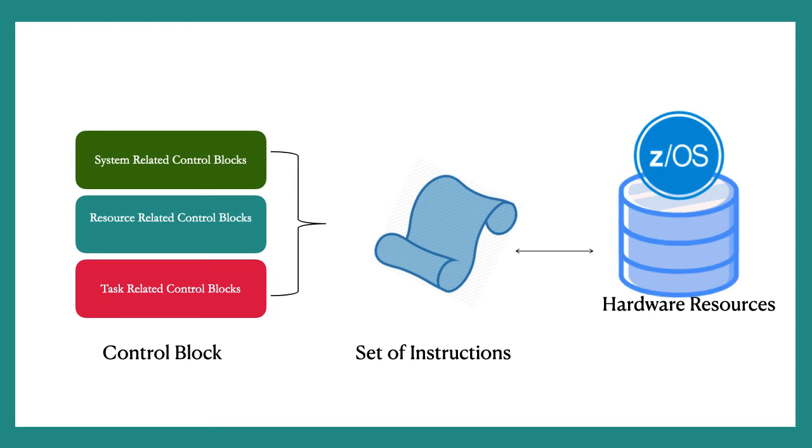Control blocks representing many units of instruction, or maybe the same type of instruction, may be chained together in queues, with each control block pointing to the next one in the chain. The z/OS operating system can search the queue through the addresses to find information about a particular unit of work or resources.